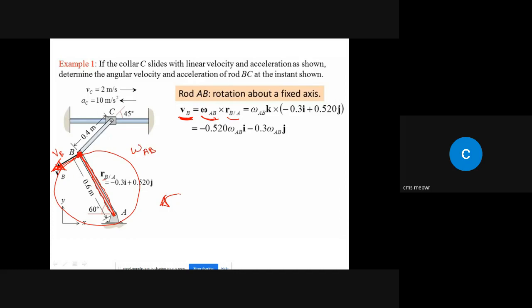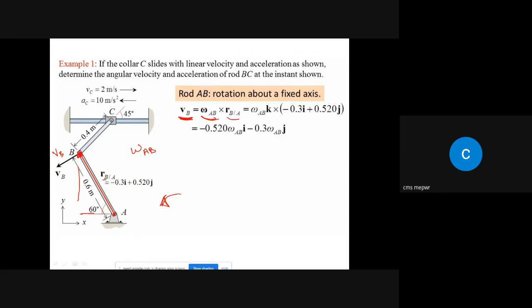And the position vector from here till here can be given as RB by A. So RB by A will be a combination of x distance and y distance. So how can we find out that x distance and that y distance?